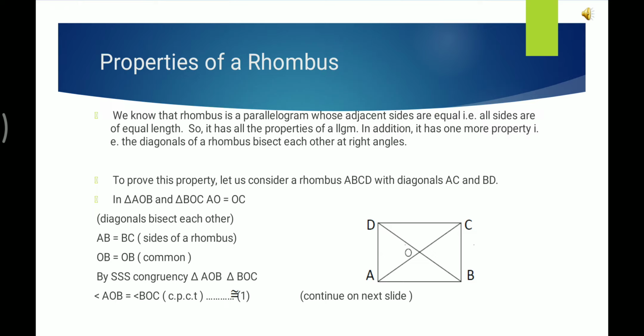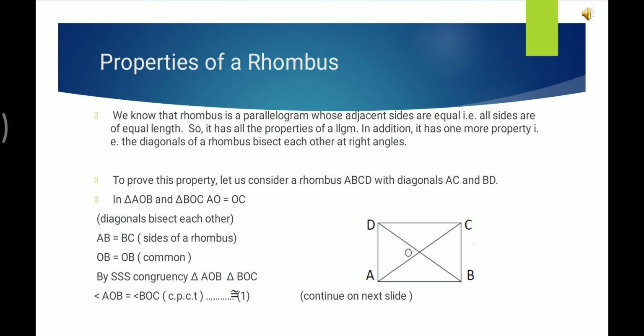Number four property which parallelogram has, that each diagonal divides a parallelogram into two congruent triangles. So in rhombus also each diagonal divides a rhombus into two congruent triangles.